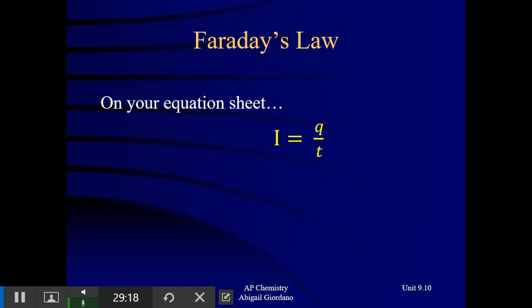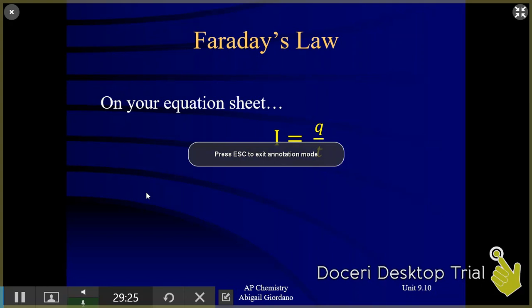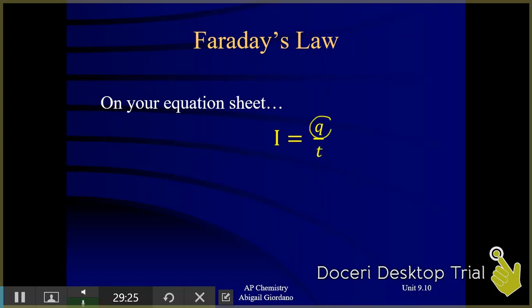And this is called Faraday's law. This equation basically just sums up an electrolytic cell. The amount of charge that flows through an electrolytic cell is really just a factor of the current and the time that it's running. Okay, that's what that relationship is.